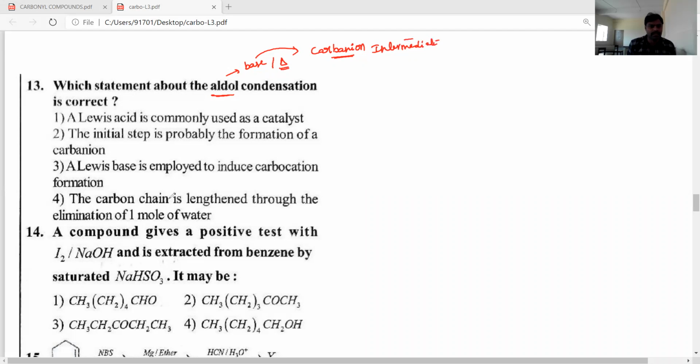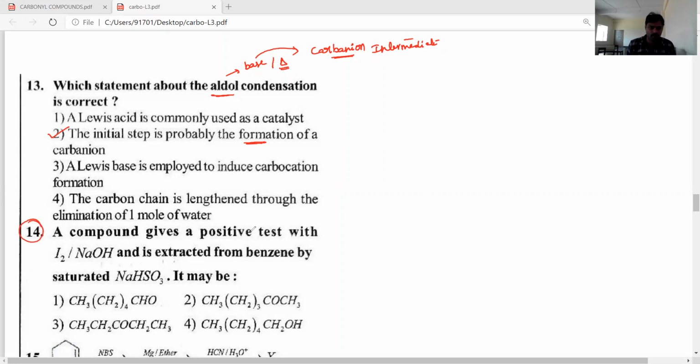The initiation step is the formation of the carbanion intermediate. Then it attacks another carbonyl group, converting into beta hydroxyaldehydes upon heating. Alpha beta unsaturated aldehydes are the product. Let's see the 14th question.